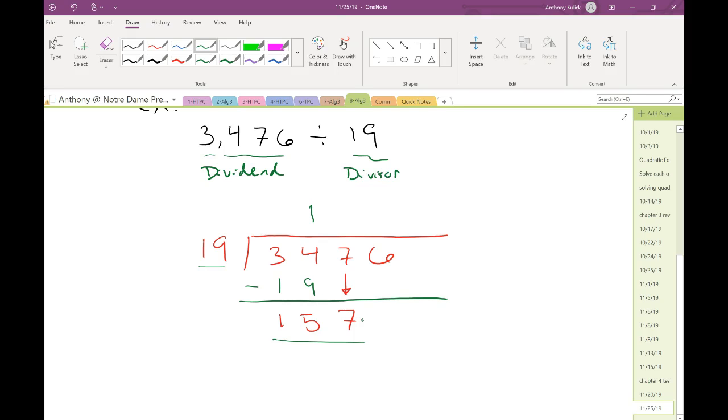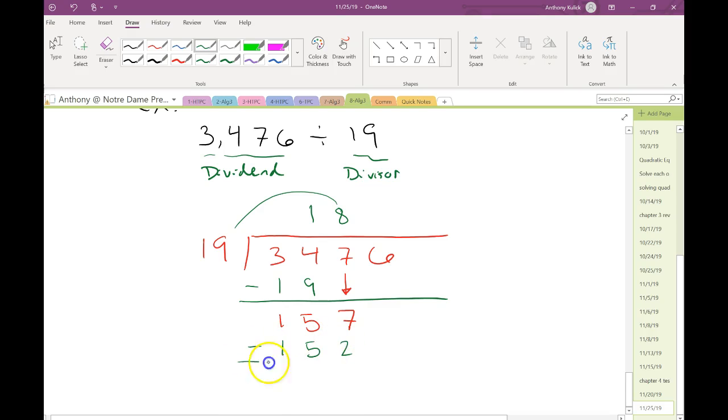19 is almost 20, right? And 20 times 8 is 160. That should be good, right? 8 times. If I do 8 times 19, I get 152. And then I subtract down.